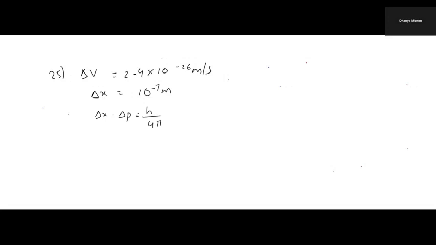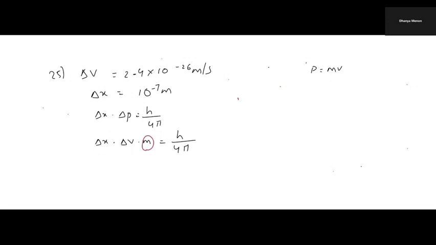Now P is given by mv, right? So delta X times delta V times m is equal to H by 4 pi. This is our unknown thing we need to find out. We substitute the values.